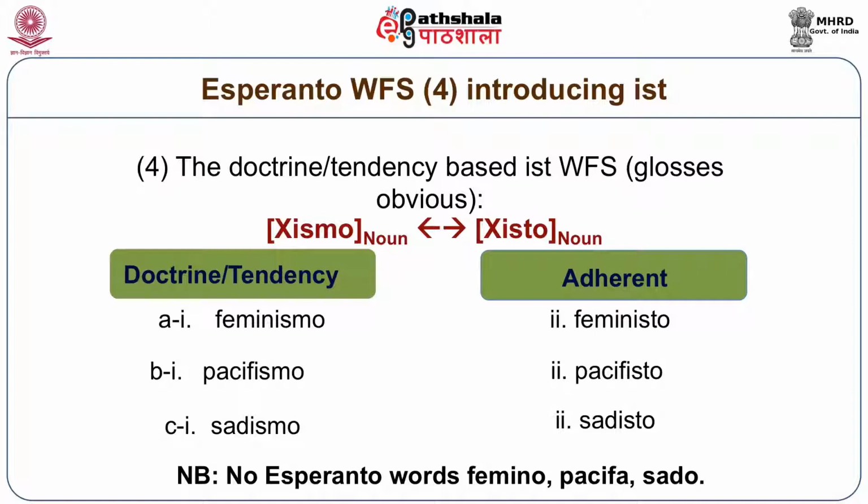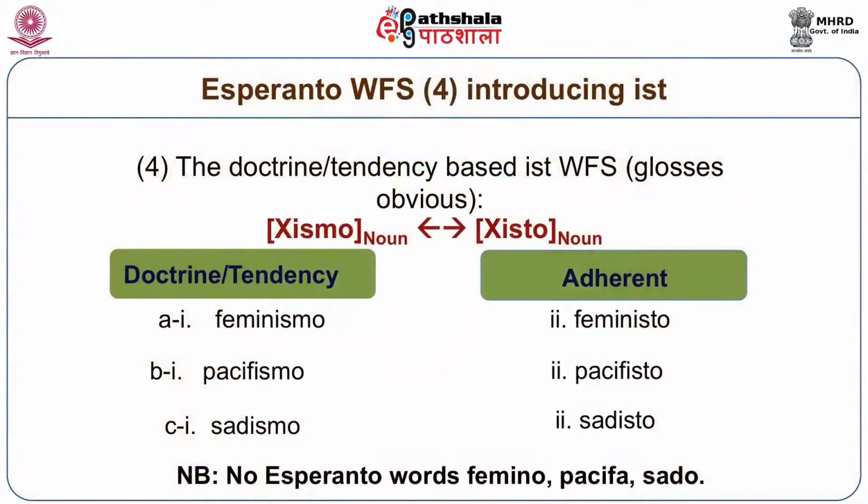In English, it is possible to form ism words by attaching ism to an already existing word. But these are not existing words in Esperanto. Sad has no existence, pacif has no existence, and femin has no existence. So the whole thing for the isto depends entirely on the ismo words. So it's an ismo-isto traffic.